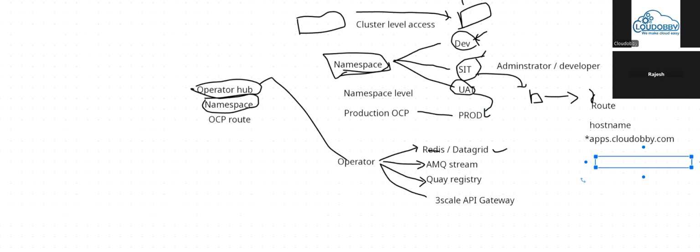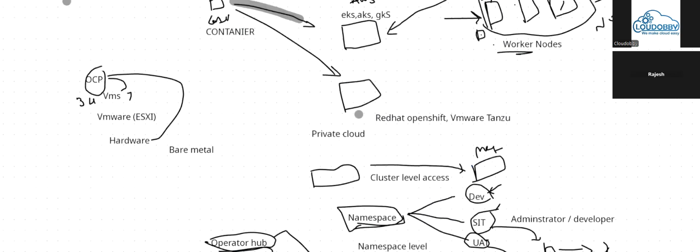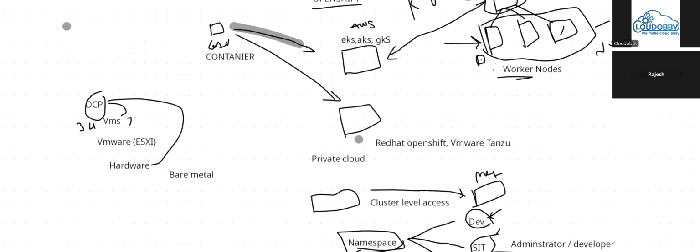There is something called ingress in Kubernetes. Anything we take outside the network, Kubernetes offers something called ingress. So here in OCP, what does this ingress do? Ingress will use something called a CNI network.